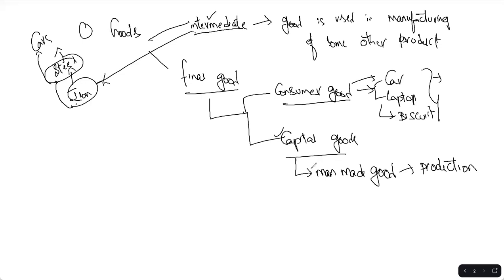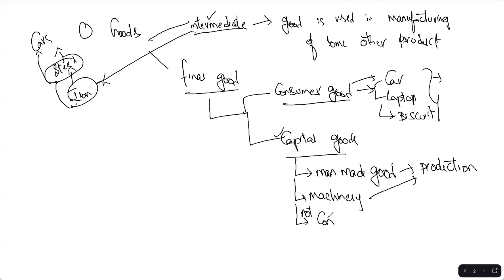But here, the capital good is a kind of machinery, a man-made product. It's a kind of machinery which helps in the production purposes. Like you use different machineries for manufacturing of anything. Maybe you have used machinery for manufacturing of laptops or any kind of cars, automobiles. It could be anything. But most important thing is it itself does not get consumed.